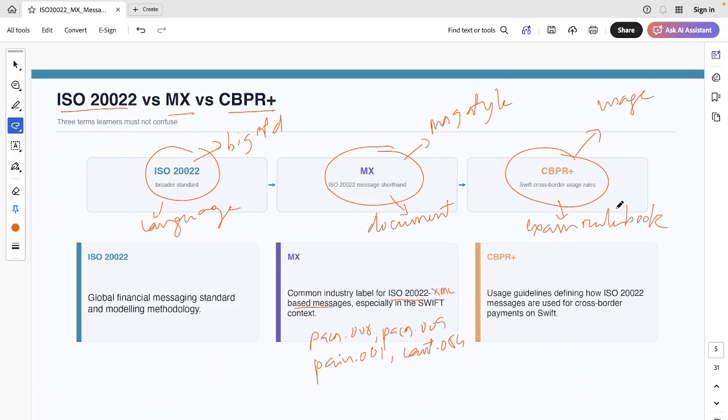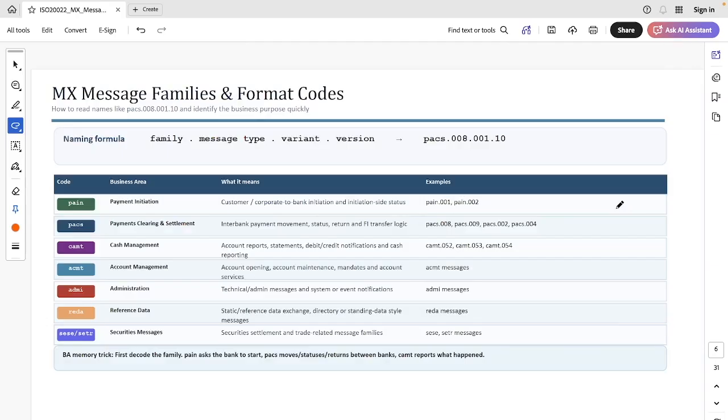Okay. Now, before we go further, let's look at the MX message families and the format they basically follow. So when learners first see a name like PACS.008, it can look like a banking password created by a tired system architect, but there is a logic behind it. So the naming formula is usually the business area, message type, variant, and version.